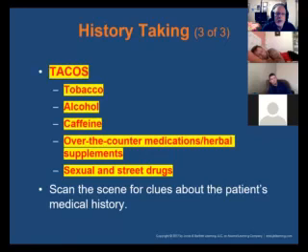We need to inquire as to TACOS with our medical patients every time. T: tobacco use. Yes, no, it's an easy answer. Used to smoke up until 25 years ago. They're going to tell you that, but that's not what you're after. If they say they smoke, what do they smoke? How much and how often?